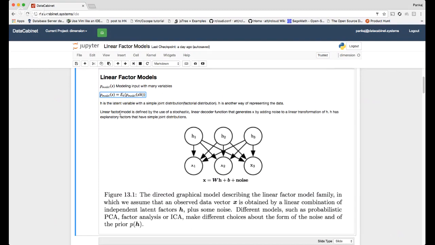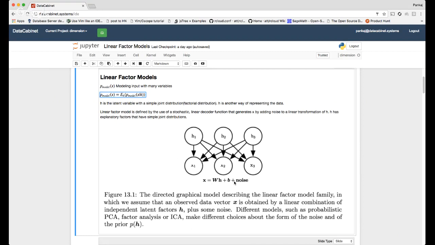There are two basic things that go for linear factor models. One is that there are 2 steps, encoding and decoding. You go from X, generally a higher dimensional space, to a feature space H, and then back to X. Going from H to X is generally just a linear affine transformation plus some noise.